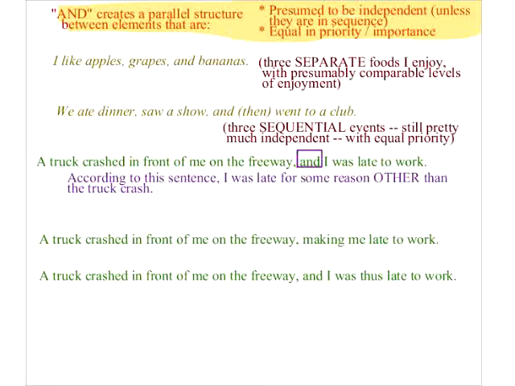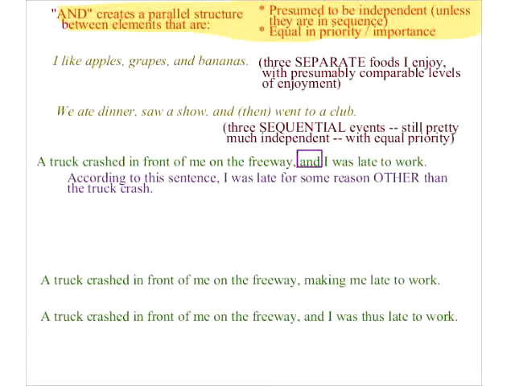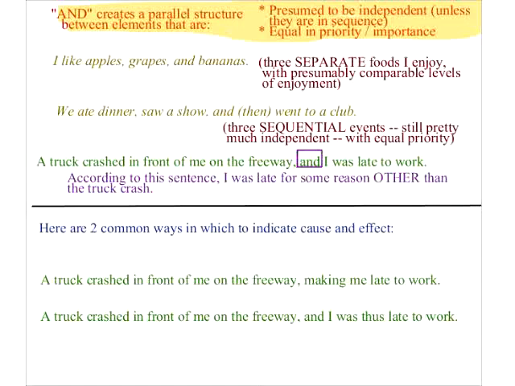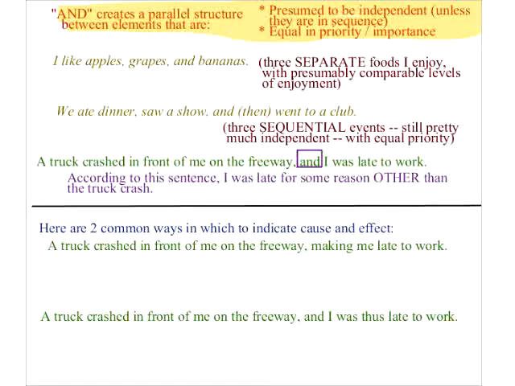If you want to actually imply that there is cause and effect, there are a couple of ways that you can do this. These are not the only two, but these are two of the more common ways to indicate cause and effect. The first is to use a modifier. One kind of modifier that's expressly tailored to do that job is the comma -ing.